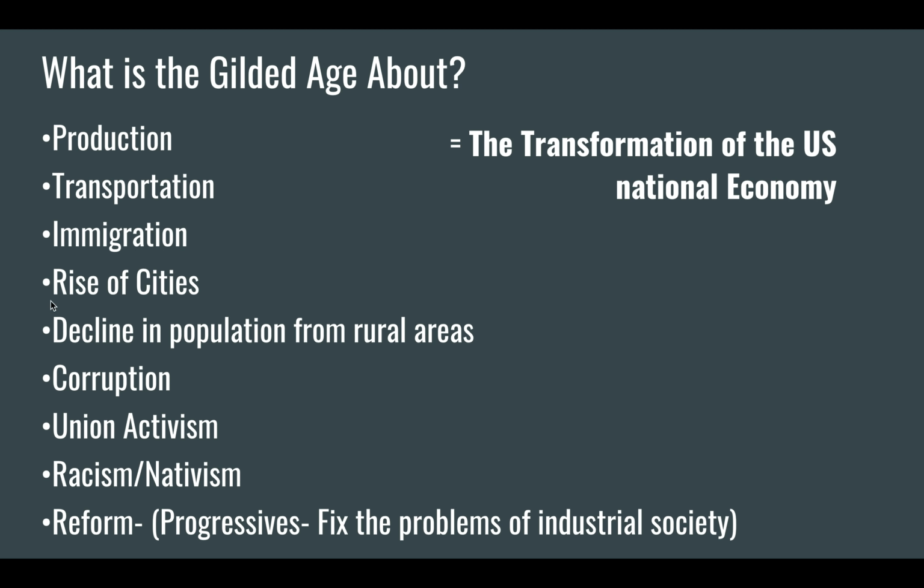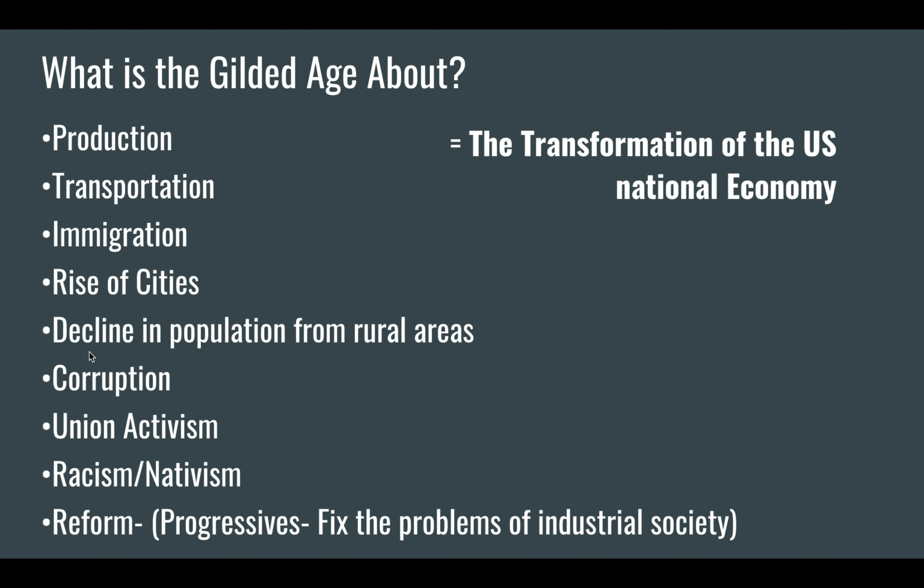The rise of the city, so people are flocking to the city because there's lots of economic opportunity there, but as a result there are a lot of other side effects as well. You learned about this in world history, and if you remember playing the urban game in your world history classes where you keep building more and more stuff and things get dirty and dangerous, the same thing is happening in the United States just about 100 years after what's happening in Europe.